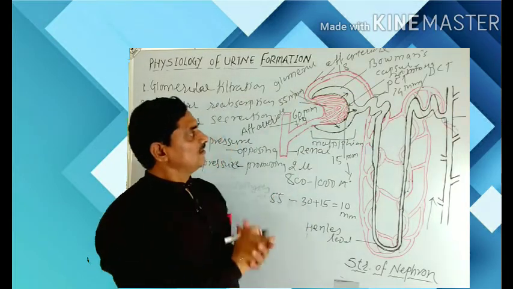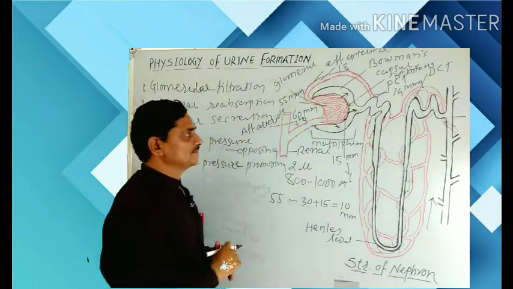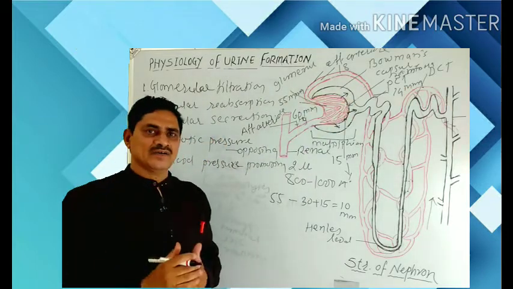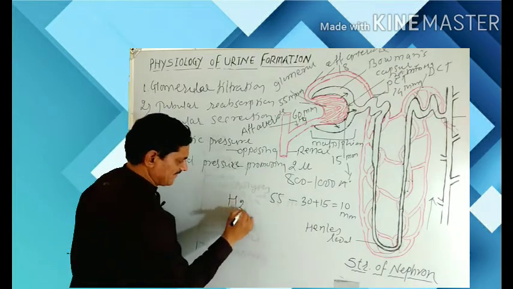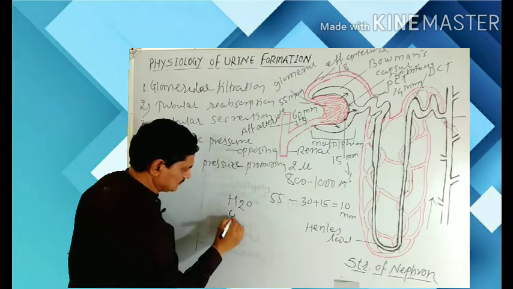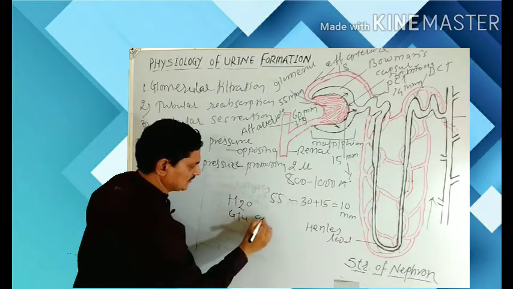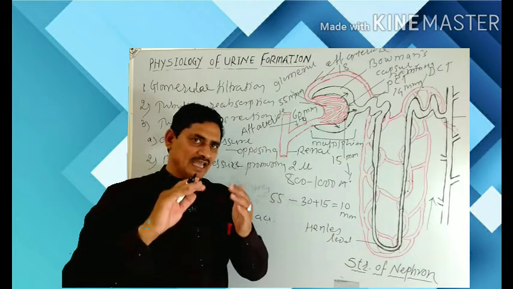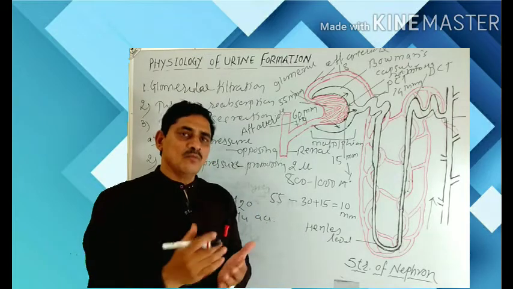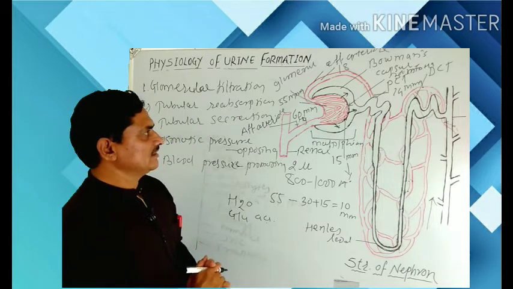So, which components filter here? Along with the plasma, the water molecules, the glucose, amino acids, and the proteins with low molecular weights are also filtered.